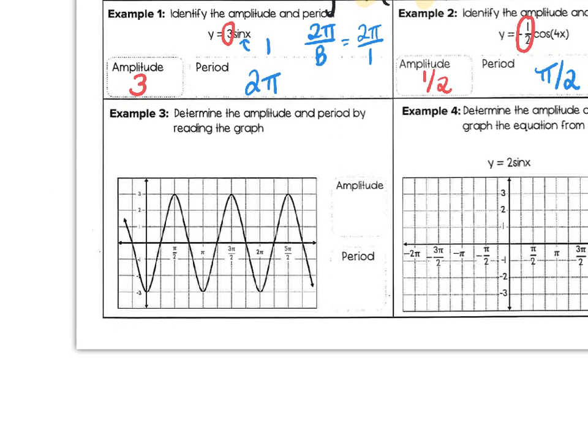First, determine the amplitude. So here's our midline. The amplitude is the height from the midline to a high point, or a low point, and it's always the absolute value. So from the midline, we're going up 3 or down 3, meaning the amplitude of this function is 3. And the period tells us how long it takes for us to restart.